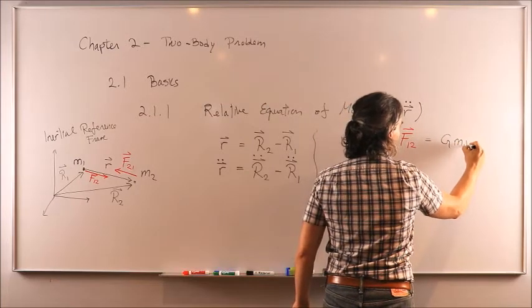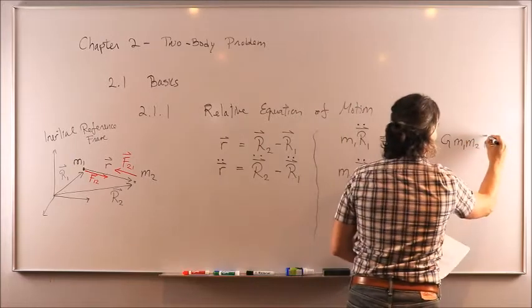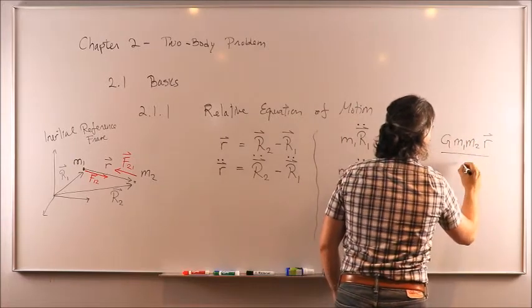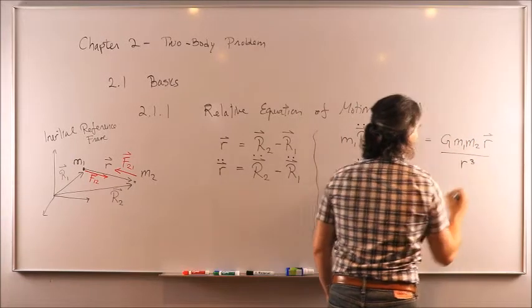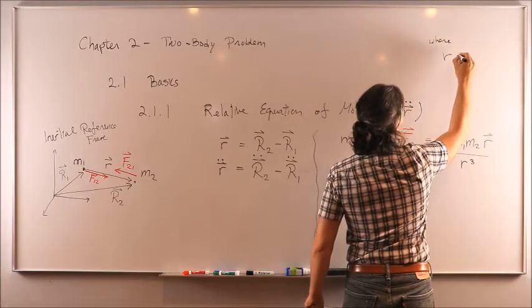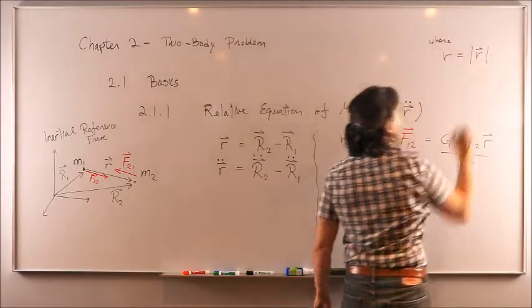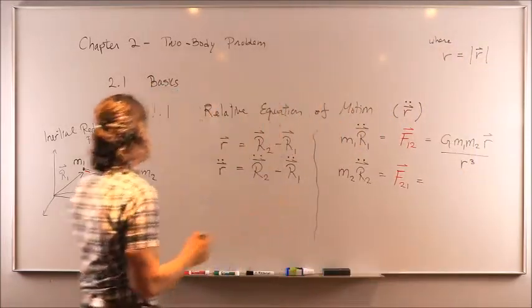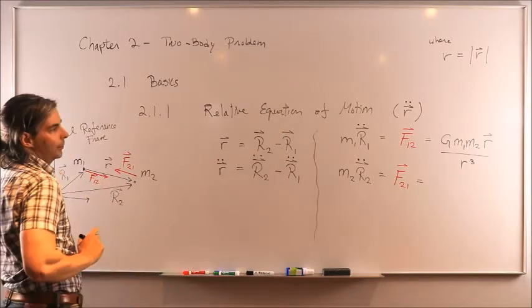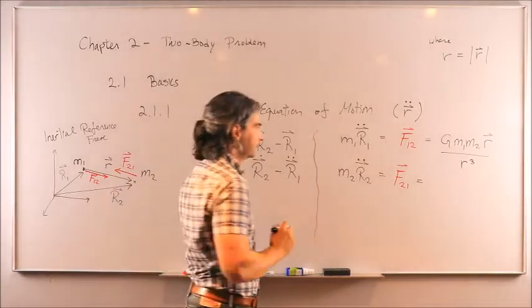So G m1 m2 r vector over the distance cubed, where here I've used just the symbol r to denote the norm of my position vector. So r is the distance between m1 and m2. This is just the length of that position vector r.